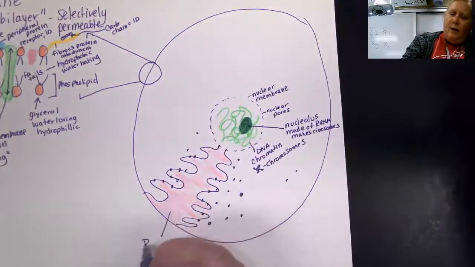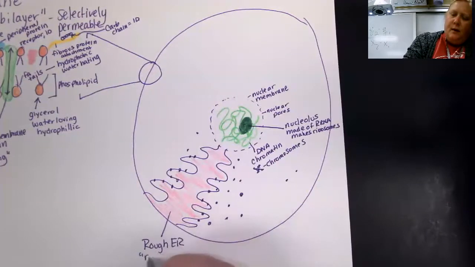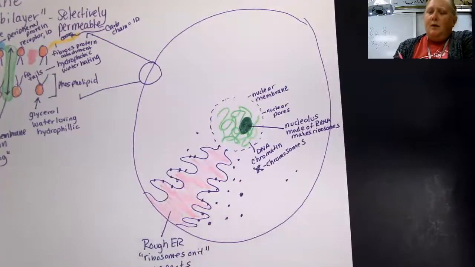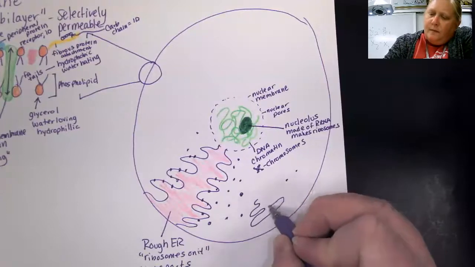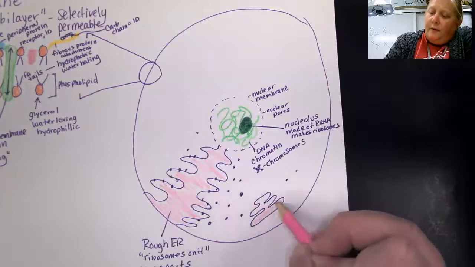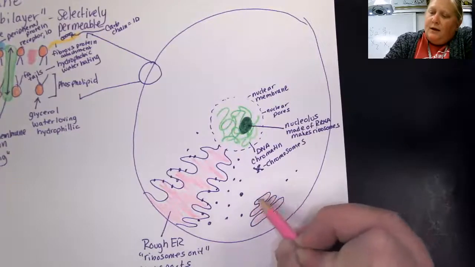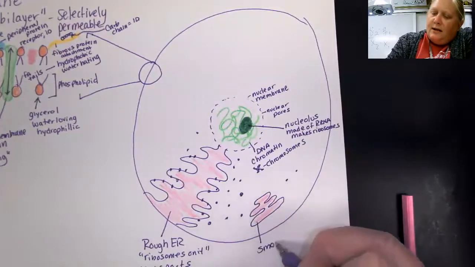The rough ER has ribosomes on it, and it's a transport system. This is the streets of the city. You can also have smooth ER. I'm going to color it the same color because I want you to understand that it is ER, but it's a little bit different as far as its job.